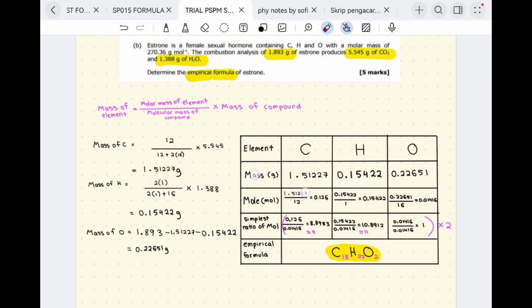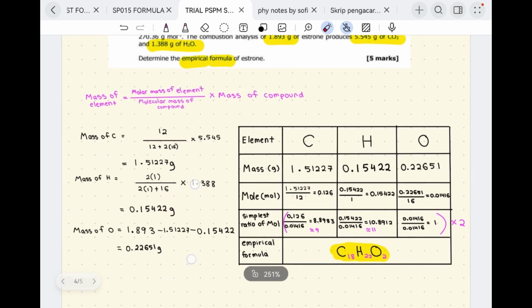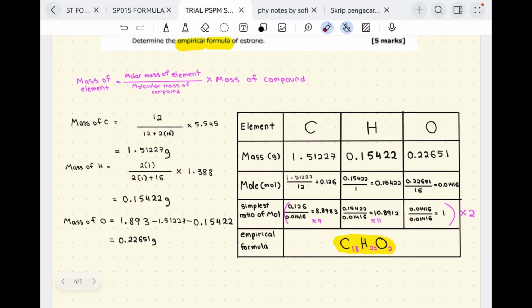Then the molecular mass of the compound, which is H2O, and the mass of H2O. After the calculation, I will obtain the mass of hydrogen, which is 0.1542 gram. I took more than 4 decimal places in order to get a more accurate answer, but you just need to use at least 4 decimal places.